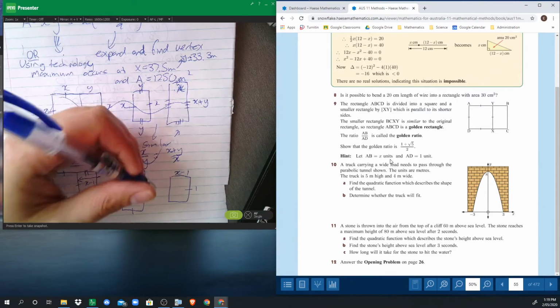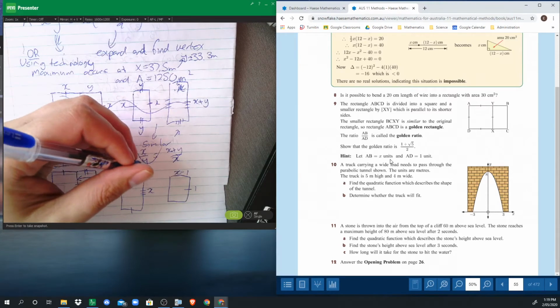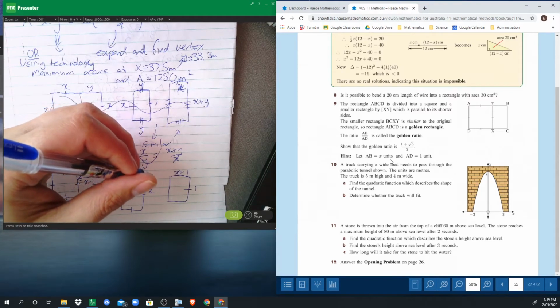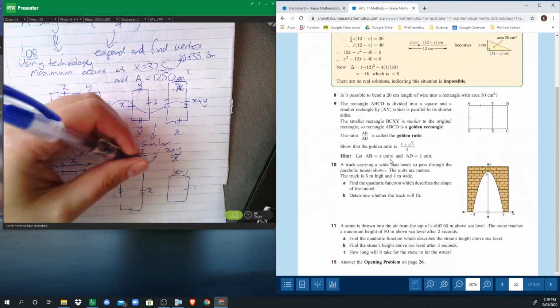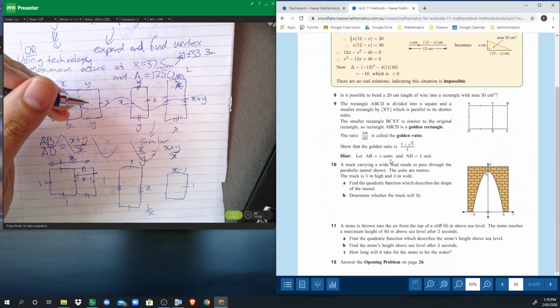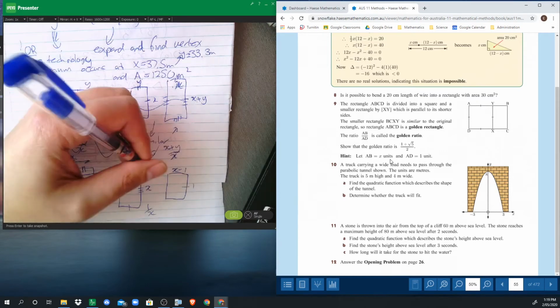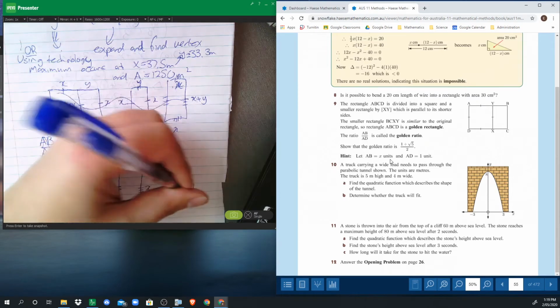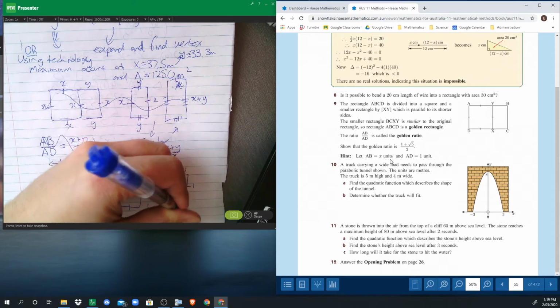So the way to think about it is this: 1 divided by x, because they're similar, equals x minus 1 divided by 1.